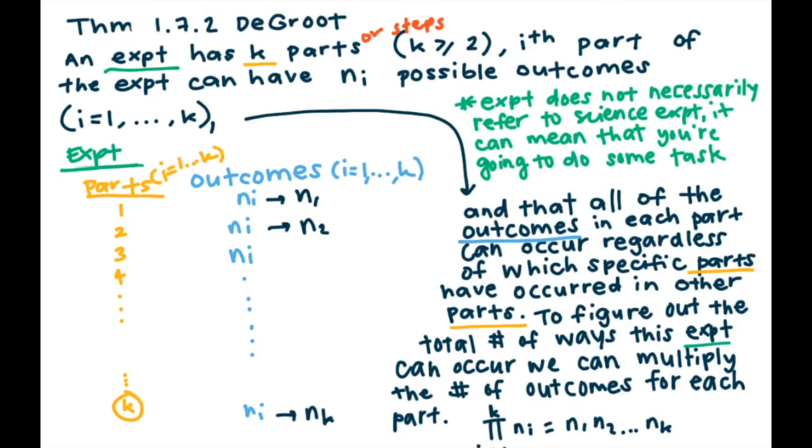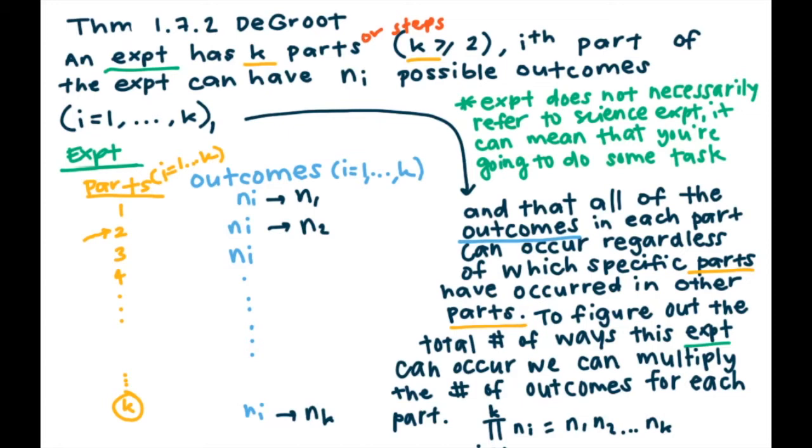The parts can also be looked at as steps of the experiment. An important thing is that k has to be greater than or equal to 2, which is why I have more than 2 parts to my experiment. And it says the ith part of the experiment can have ni possible outcomes, where i equals 1 all the way to k.